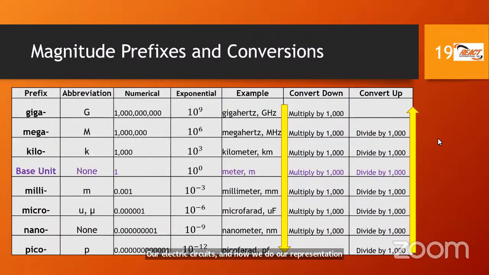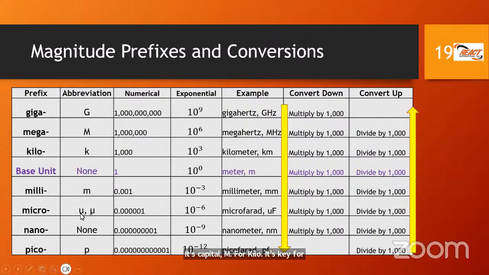So this is a handy table. I'll encourage us all to get familiar. So we have the prefixes, what they're called here: giga, mega, kilo, milli, micro, nano, pico. And then the abbreviation. So for giga, it's capital G. For mega, it's capital M. For kilo, it's lowercase k. For milli, it's lowercase m.